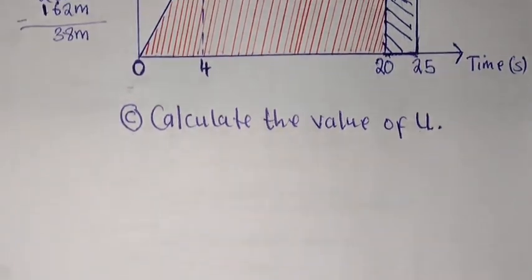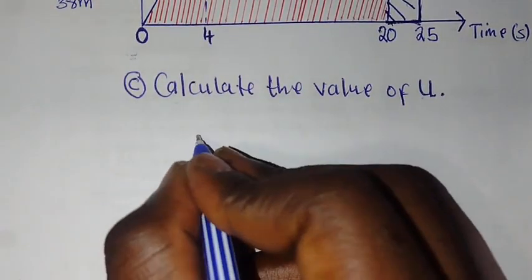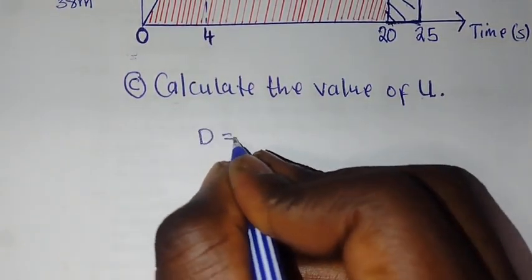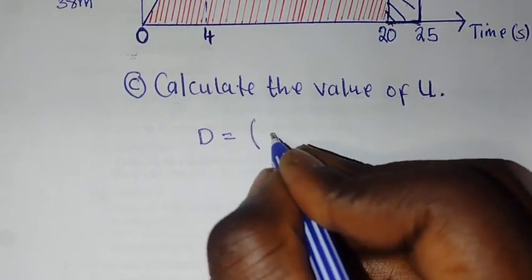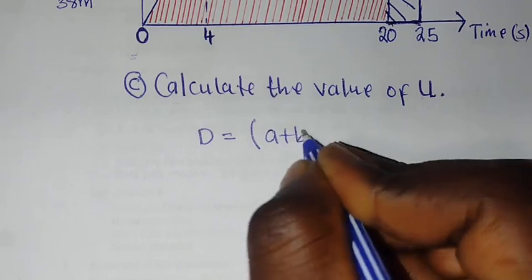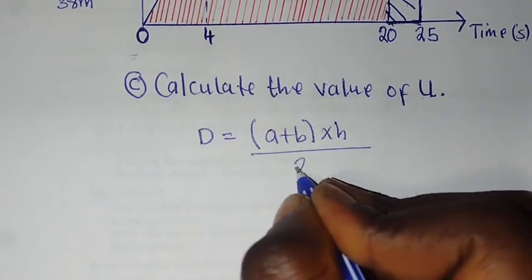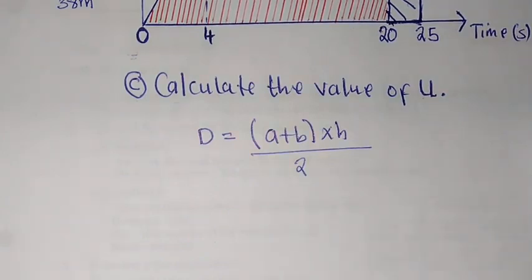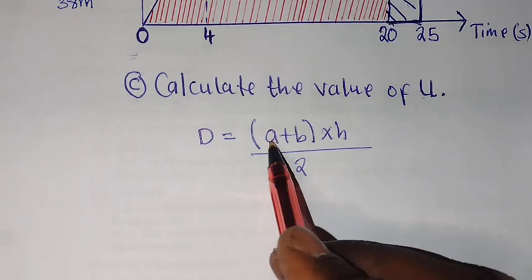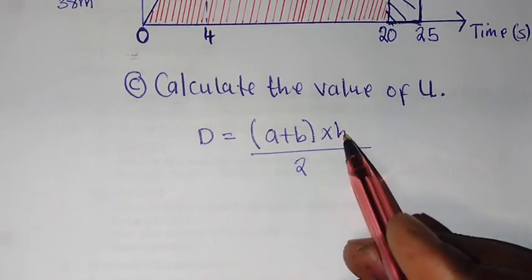The formula is distance equals (a plus b) times height over 2. So we need to find the value of a, b and h.